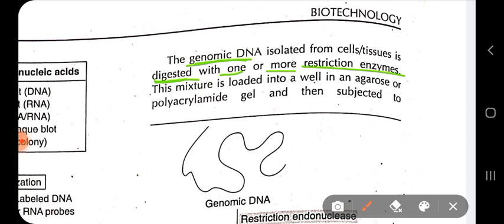Different types of restriction enzymes, like EcoRI, BamHI, HindIII and SalI, are used for cutting the genomic DNA into a series of fragments, so that our desired DNA part is also included among the pieces.